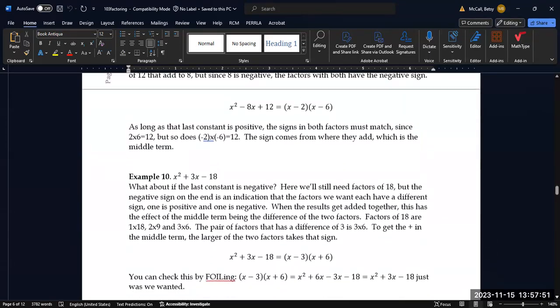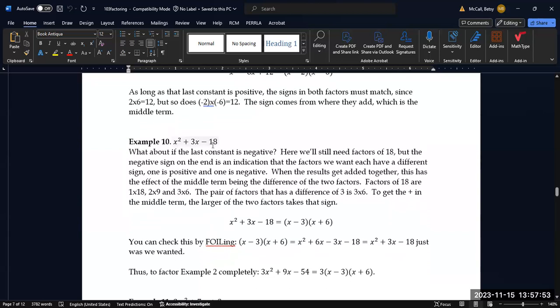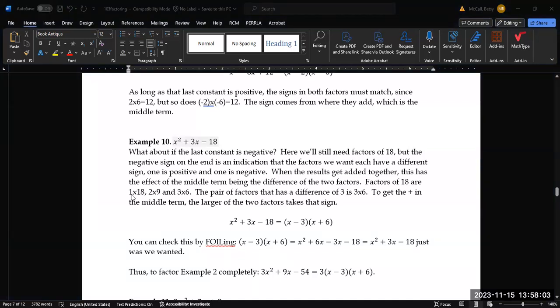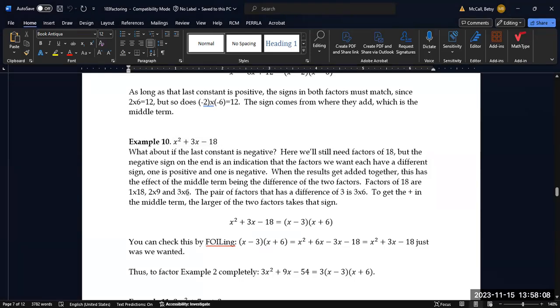Now, in the case where the last term is negative, then you're looking for factors of this last number which have a difference of the middle term. So in this case, factors of 18 are 1 and 18, 2 and 9, and 3 and 6. It's 3 and 6 that have a difference of 3. And when you are writing out these factors, again, you'll put in the 3 and the 6.